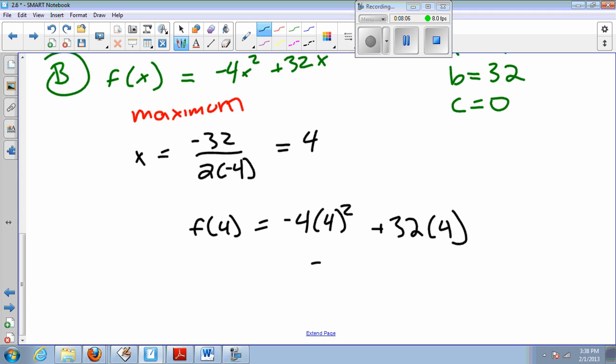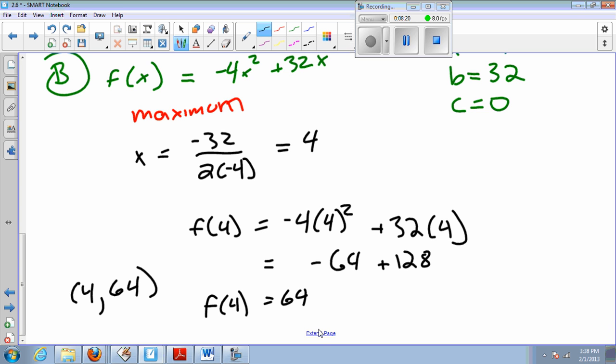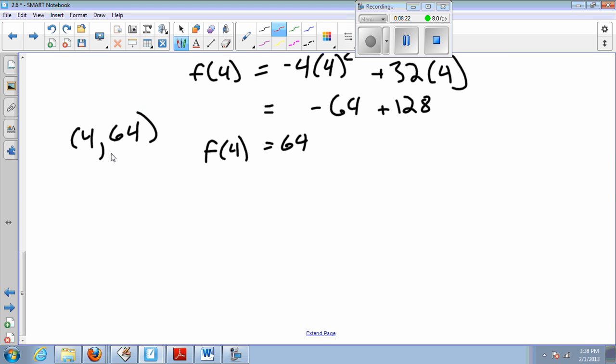So we work this out, it goes to negative 64 plus 128. And we get f of 4 be 64. Now we wouldn't want to graph the vertex at 4, 64, but we know that its max is at y equals 64.